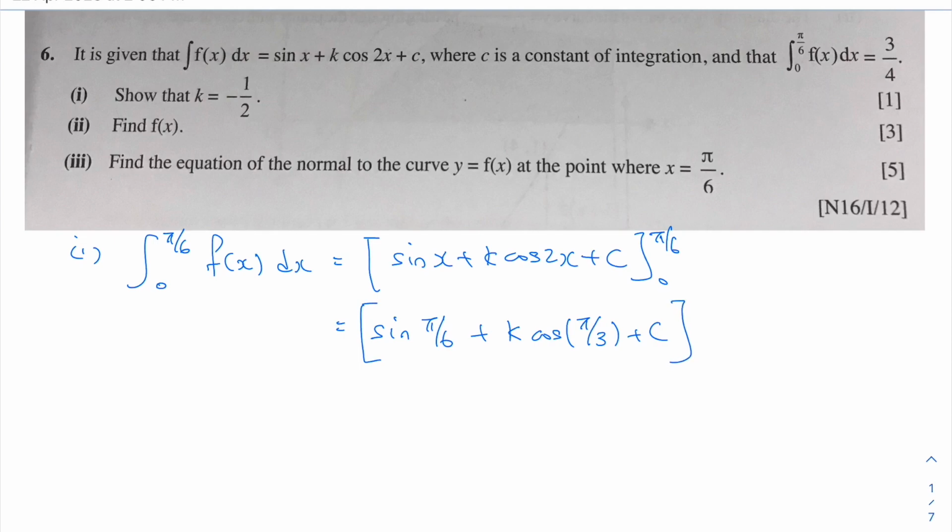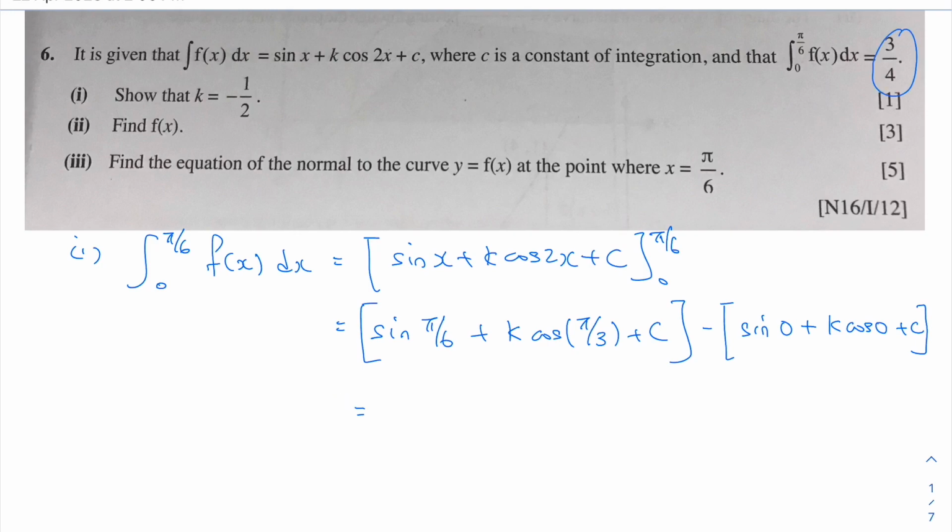Notice c is not in terms of x, so there is no need to include the x substitution. Subtract the lower limits: sine 0 plus k cosine 0 plus c. So notice that the c value will cancel out.